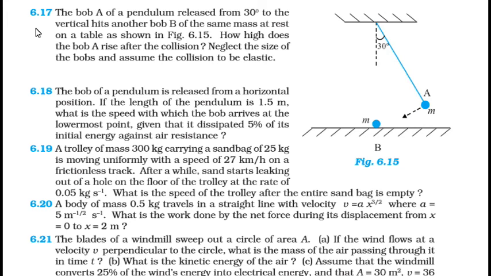The next problem, 6.17. The bob A of a pendulum released from 30 degrees to the vertical hits another ball of the same mass at rest on the table, as shown in figure 6.15.